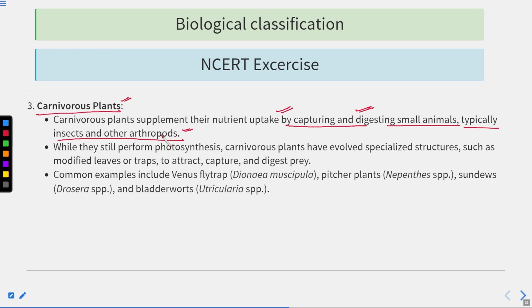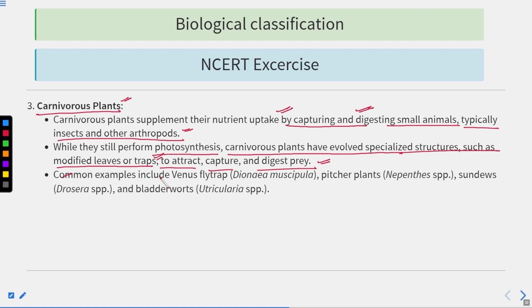They secrete many enzymes and chemicals that can degrade or digest these animals. While they still perform photosynthesis, carnivorous plants have evolved specialized structures such as modified leaves or traps to attract, capture, and digest the prey. Their leaves are generally modified so that they can trap the insects.